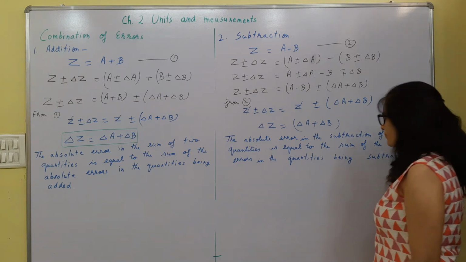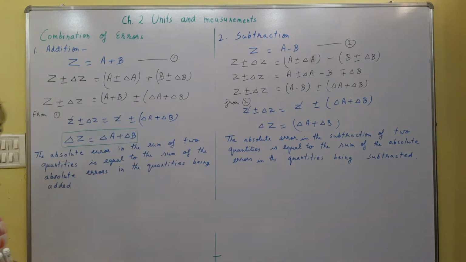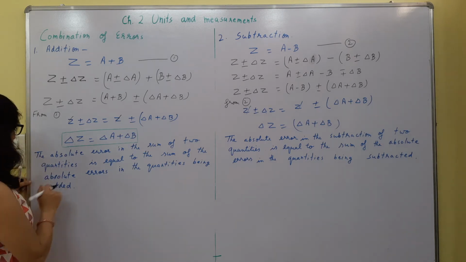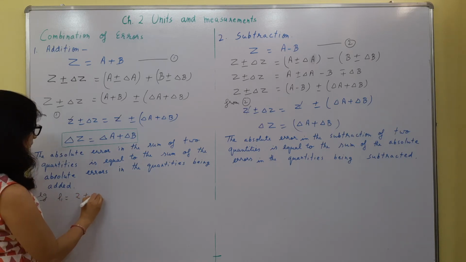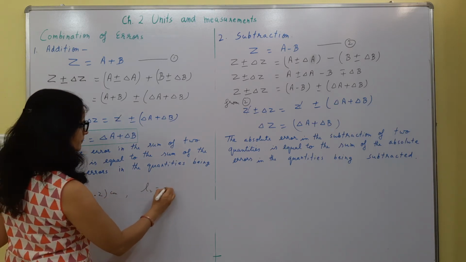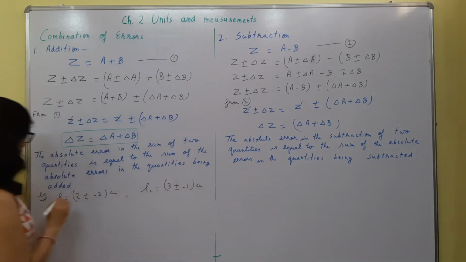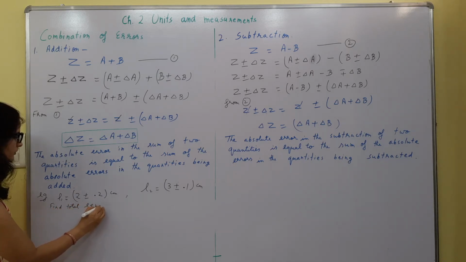Now I will take the example also here. I will take the example of addition here and subtraction here. Now suppose I have to find the total length of a rod if L1 is 2 plus minus 0.2 centimeter and L2 is 3 plus minus 0.1 centimeter, and I have to find the total length.